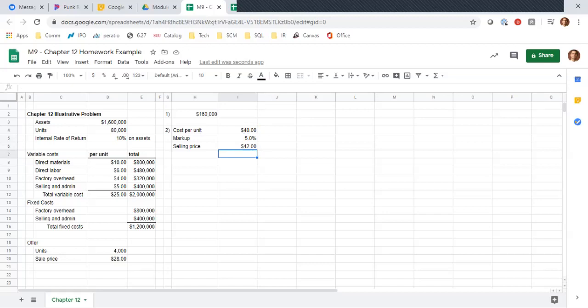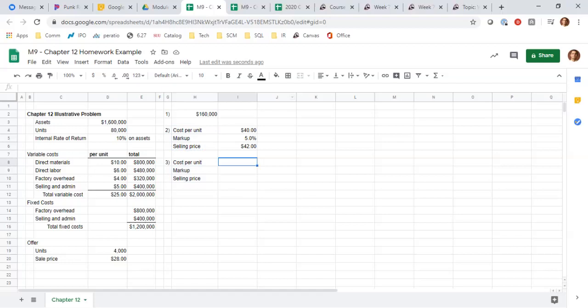Okay, so 3, do the same thing with product costs. So let's try this again. Okay, so in the product cost concept, we need to use our total manufacturing costs or total costs related to the project.